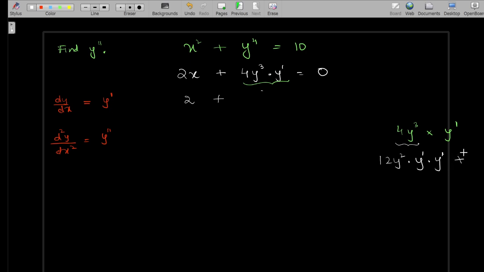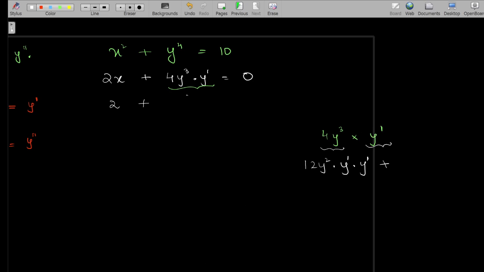And plus, then you differentiate this function. What will be the derivative of this function? Derivative of y prime will be y double prime. Yes, y double prime.